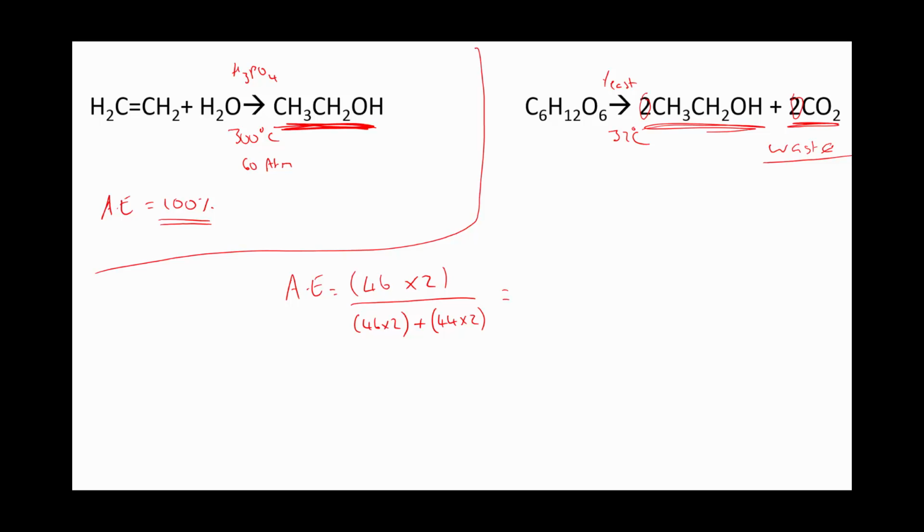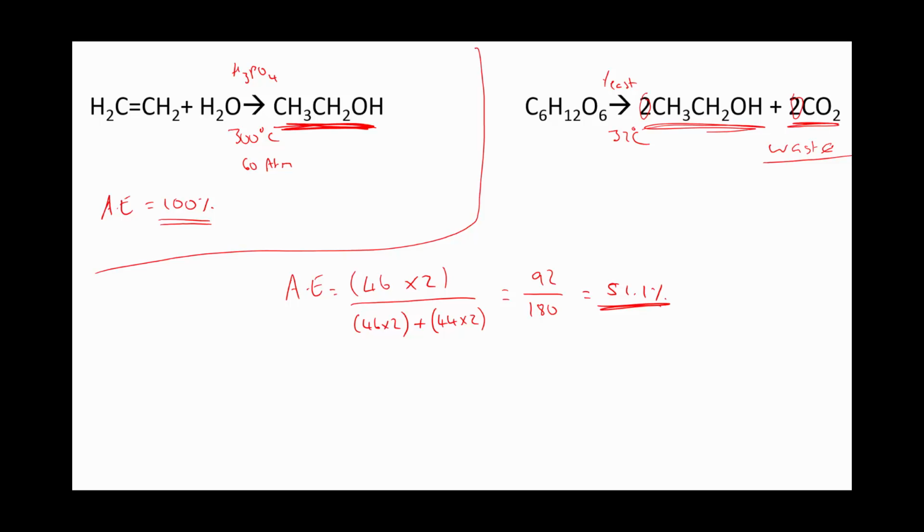And that should come to a grand total of 92 over 180. If we stick that into a calculator, 92 divided by 180, multiplied by 100, we get an atom economy of 51.1%. So clearly, and it's quite obvious really, the atom economy in the hydration of ethene is 100% compared to the fermentation, in which the atom economy is only 51.1%.